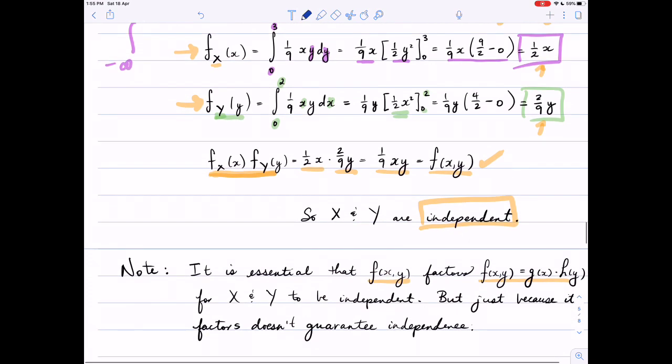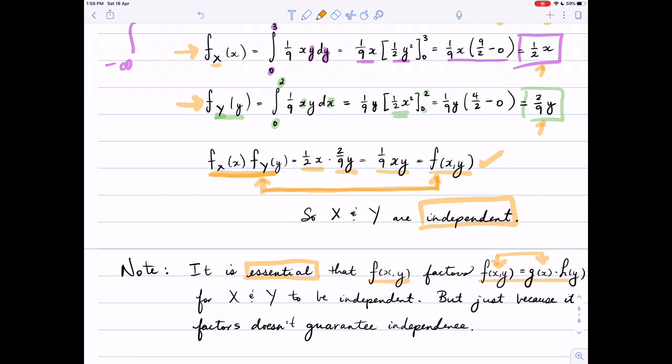And so it is essential that, if x and y are to be independent, the joint density must be the product of the marginal densities, so f, the joint density, must factor into functions of x and y.